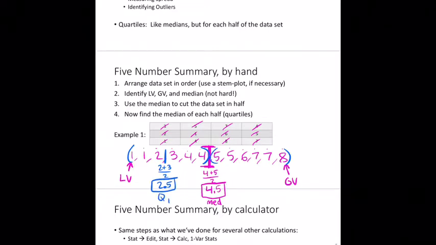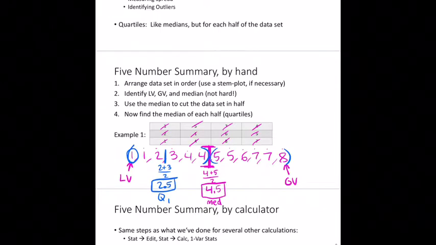So we have our LV, our least value, we have our Q1, 2.5, we have our median, 4.5, and then on this far right side, we've got 6 pieces of data, right in between the 6 and the 7, that's our second half median, or our Q3. So 6 plus 7 divided by 2 is 6.5.